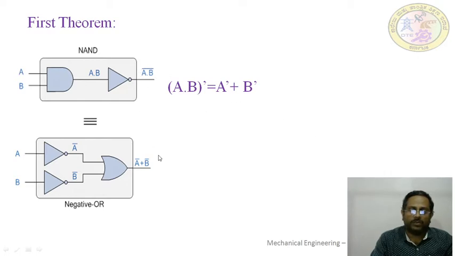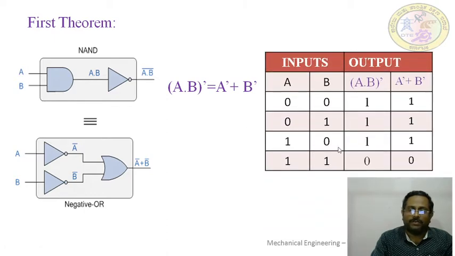What the output is at LHS and RHS can be shown in a truth table. This is the truth table for the first theorem. A and B are the two inputs. The outputs are two, that is LHS and RHS. You observe here the outputs at LHS and RHS are the same for the given inputs.